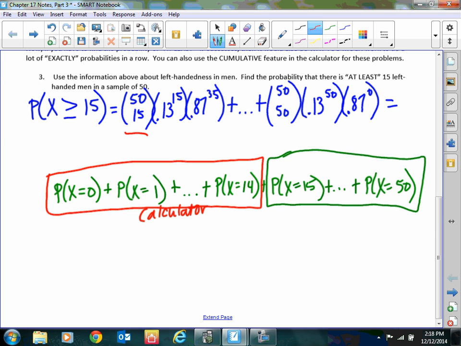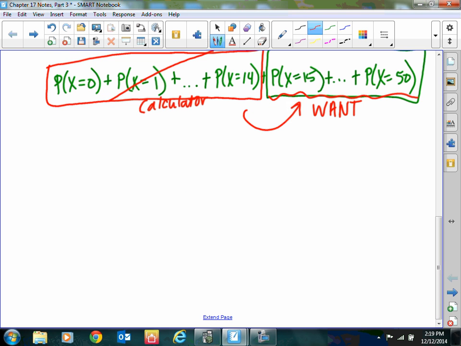how can I then get the top part? Very good. Subtract away this part that I do not want from 100%. And then that will give me left this part that I do want. All right, so in the calculator, that would look like this. 1, which is all the possibilities, minus the binomial CDF of 50, comma, 0.13, comma.